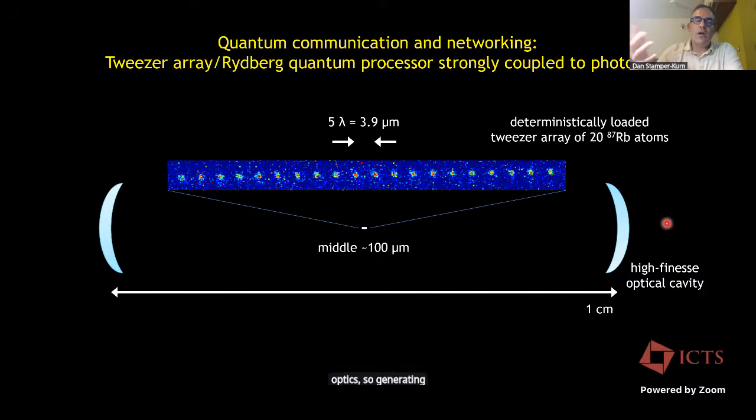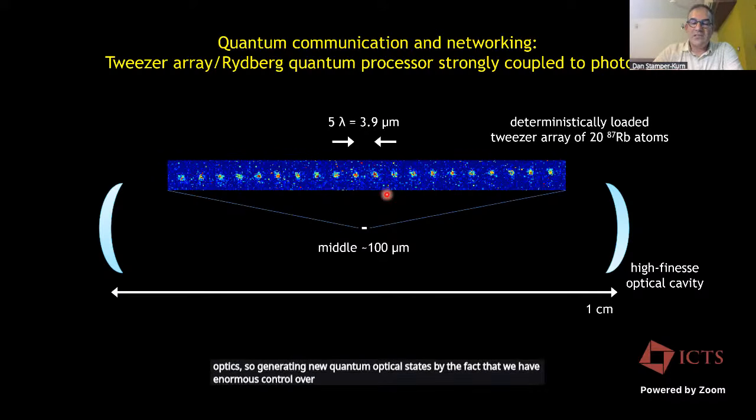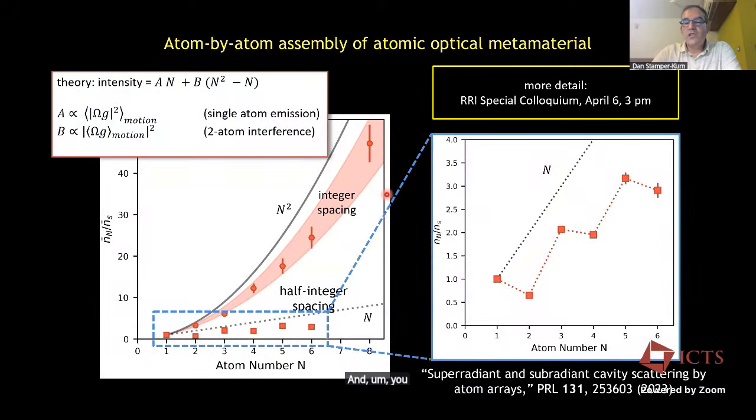So we're generating new quantum optical states by the fact that we have enormous control over atomic states. And we just got started on this.